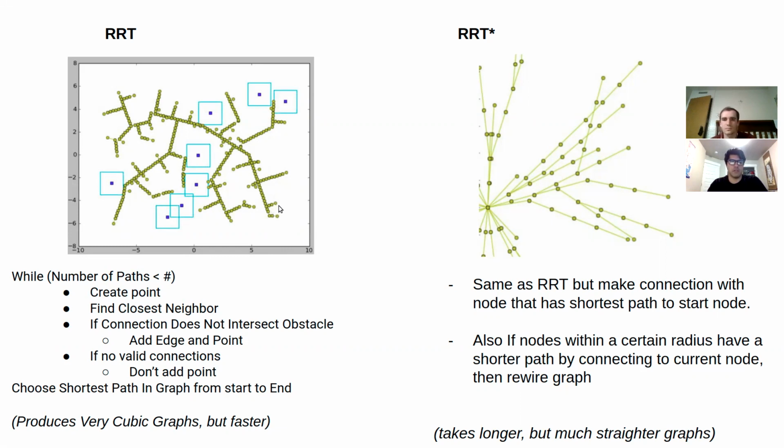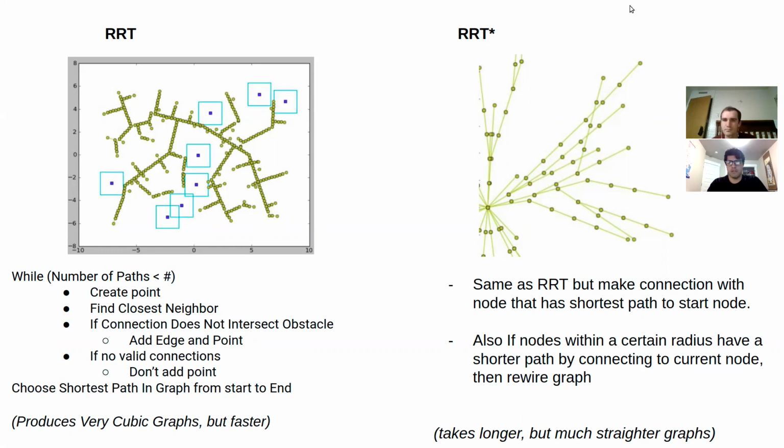However, if the connection intersects an obstacle, then it doesn't make that connection and it creates a new point. It does this until we have these many paths throughout space, and then it ends up choosing the minimum path from the end point to the starting point.